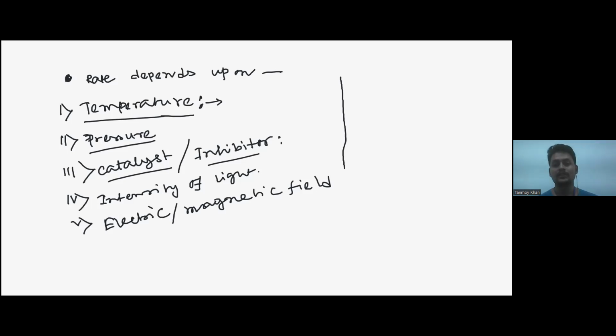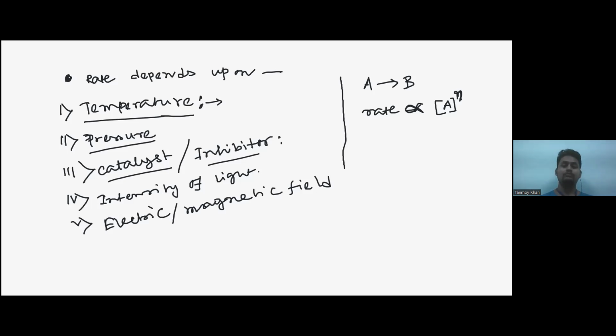So if your reaction is A to B, we can write the rate as proportional to the concentration of A to some power. Think of not the concentration but actually the active mass. For any dilute solution, the concentration and the active mass are the same. That's why I am writing it as concentration.